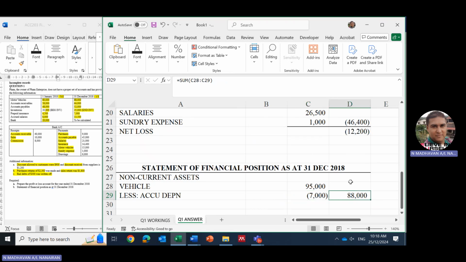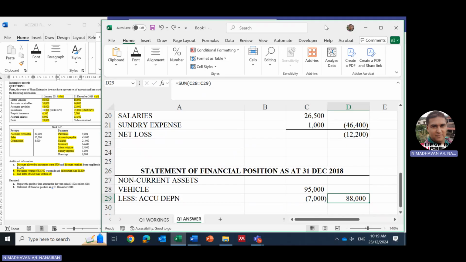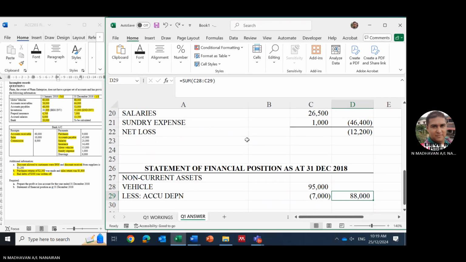So don't do like this, as sometimes some students do. You don't get full marks. Are you with me? So you have to put the cost minus your accumulated depreciation. Are you with me? Okay, good.